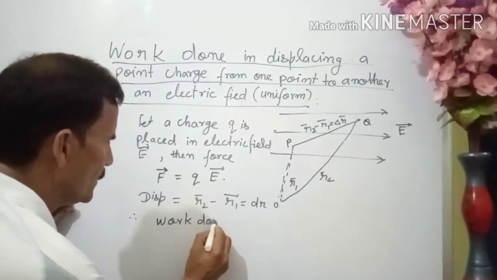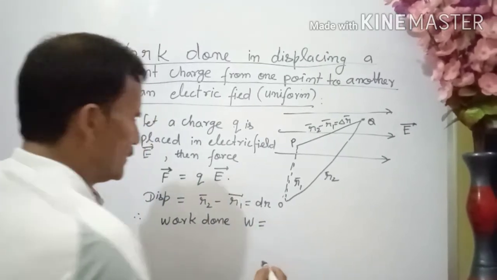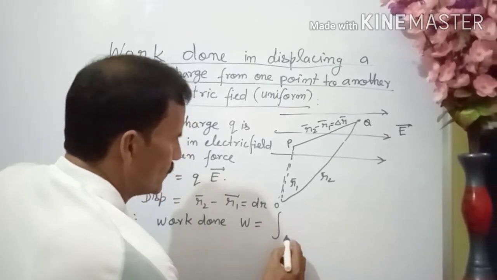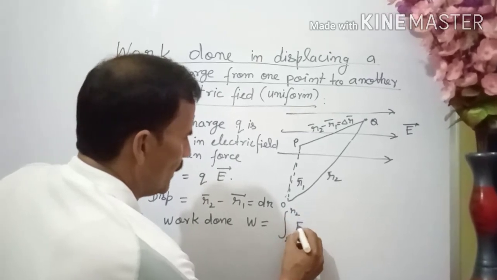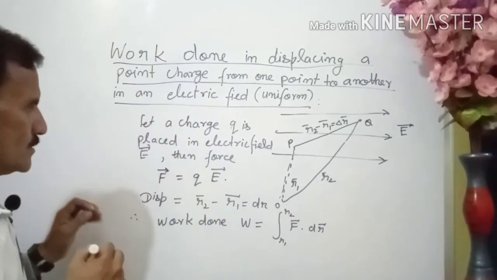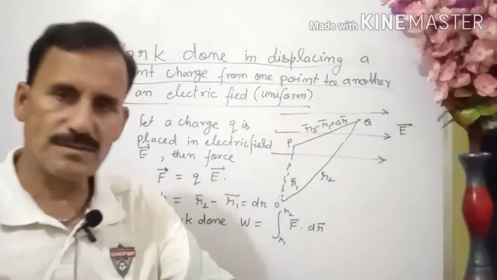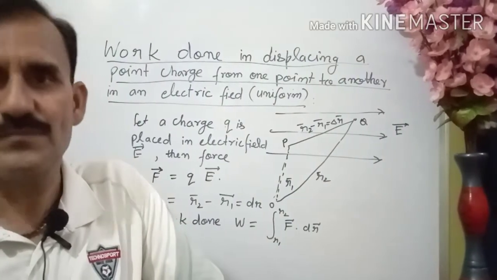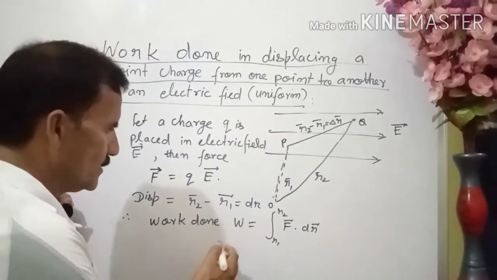Work done, suppose we write W, is equal to the sum from R1 to R2 of F dot dr. Since we are doing the work against the force, whenever we do the work against the force, that work done is always taken as negative.